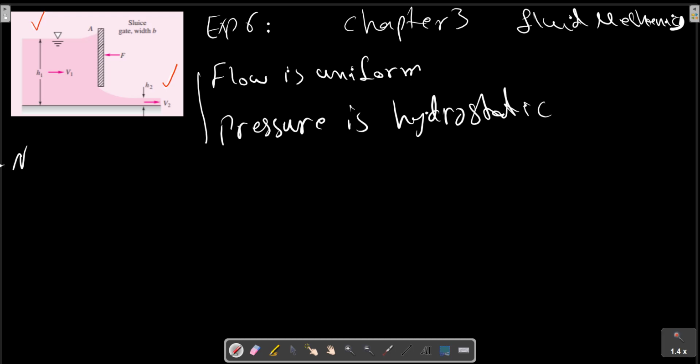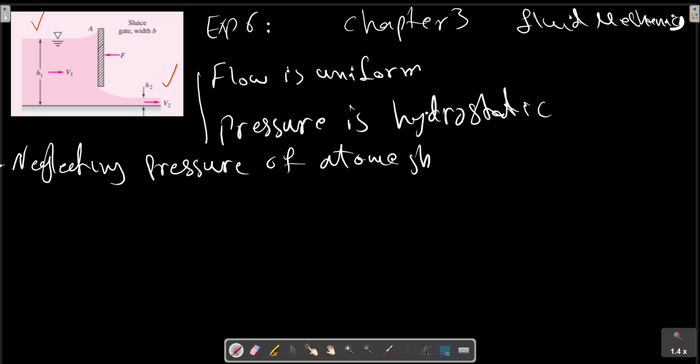So neglecting the friction and atmosphere pressure.